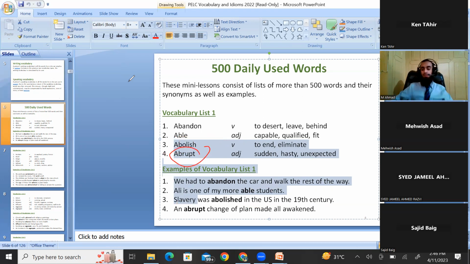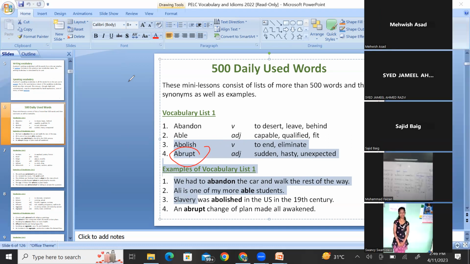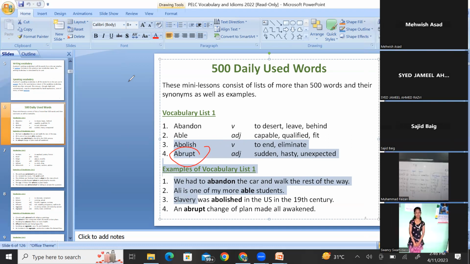So what about abrupt? Abrupt means unexpected, when something happens suddenly. Sudden change, sudden happening. Yes, Fezan.